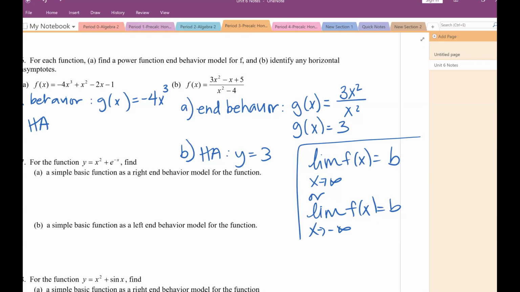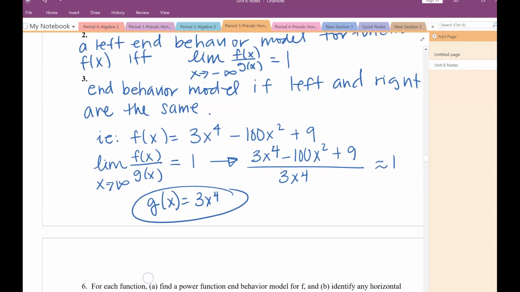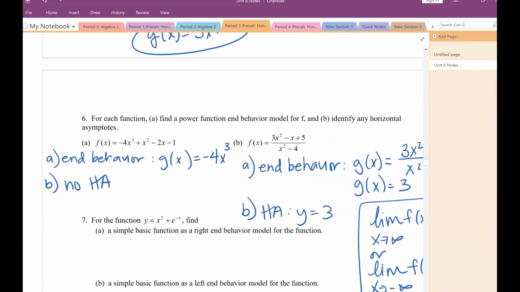Isn't that the same definition as end behavior? Wouldn't you agree that's the same definition as end behavior? End behavior said as x approaches some ginormous number. So that's why g of x is the end behavior as well as the HA. Because they're both talking about the extreme values to the right or extreme values on the left.